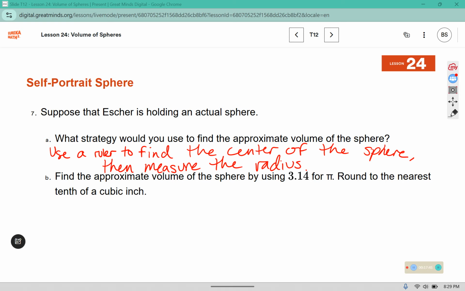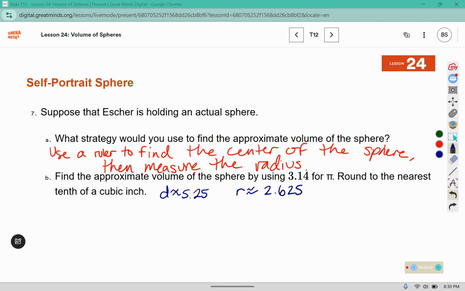You may also measure the diameter and then try and cut that in half to find the radius. I have that the diameter is about 5¼ inches, or 5.25 inches, which would mean that the radius is half of that. So if I split 5.25 into 2 sections, that gives me a radius that's about 2.625.